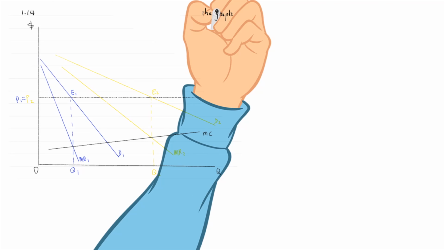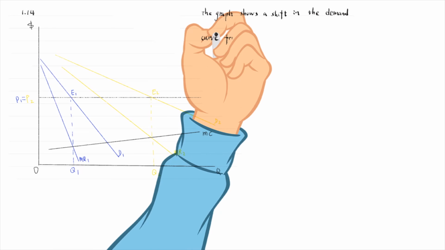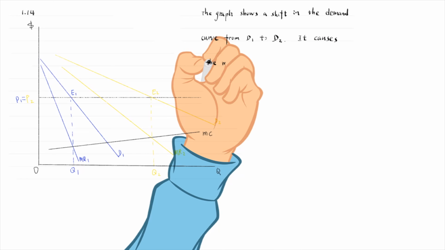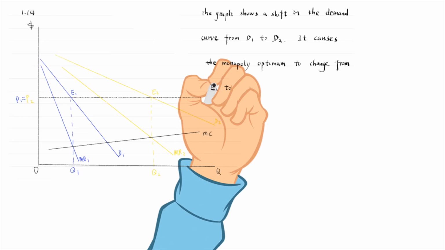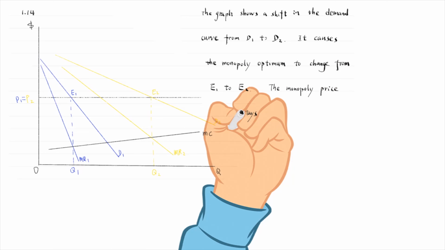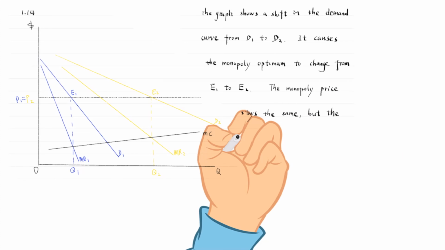The graph shows a shift in the demand curve from D1 to D2. It causes the monopoly optimum to change from E1 to E2. The monopoly price stays the same, but the monopoly quantity rises from Q1 to Q2.